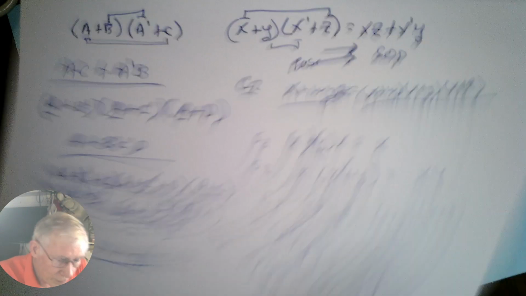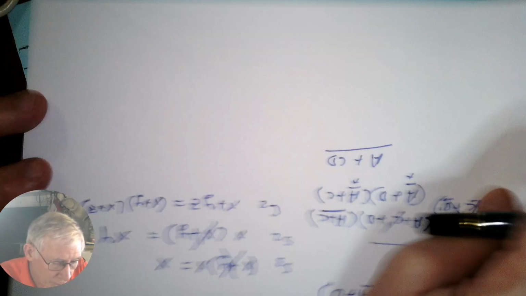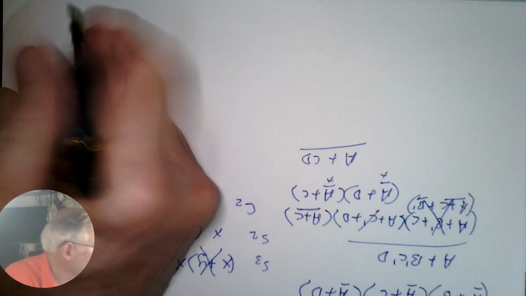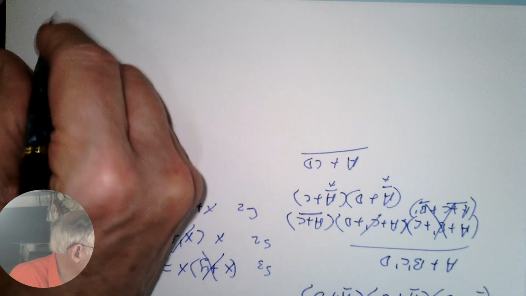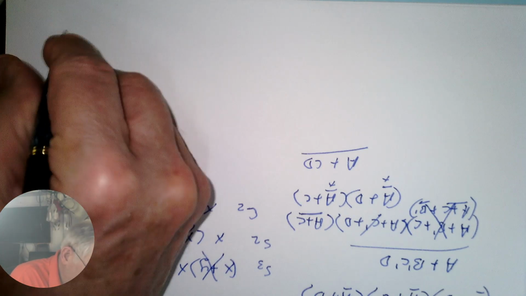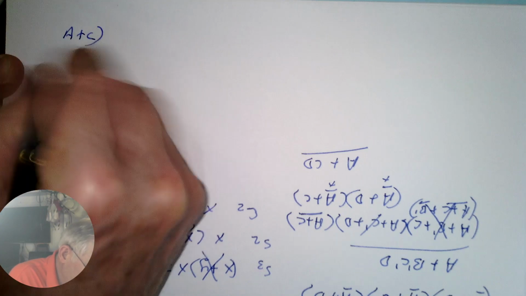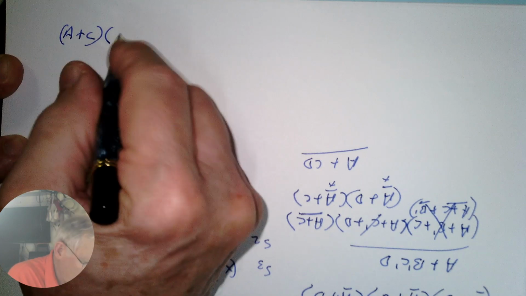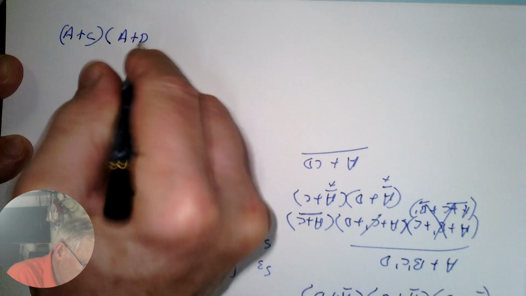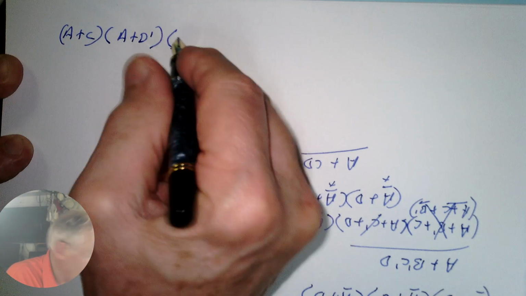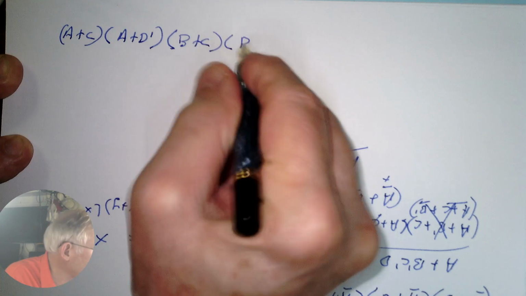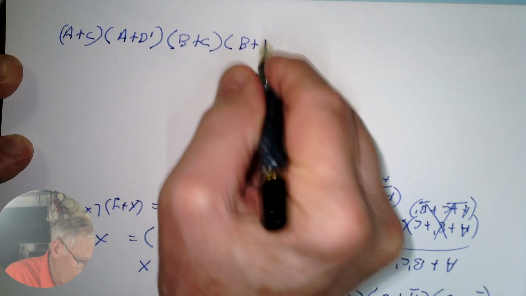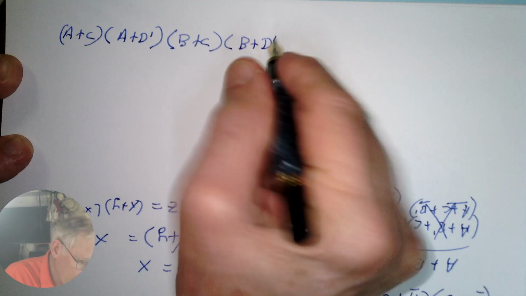So now we'll flip this upside down, and that was a plus c, a plus d prime, b plus c, and b plus d prime.